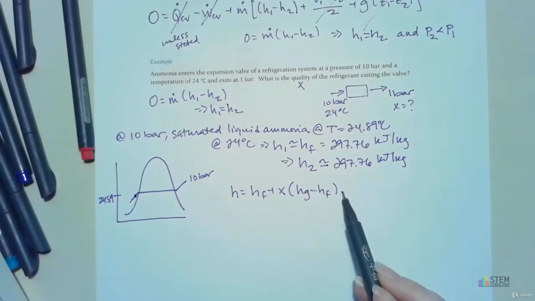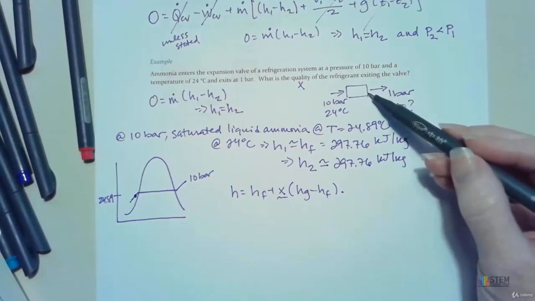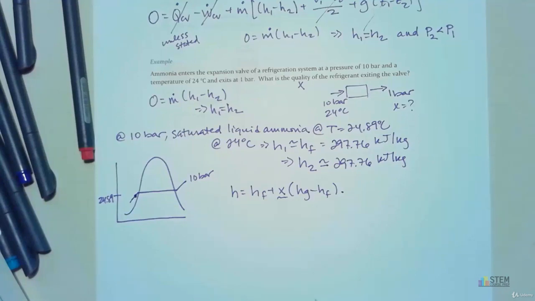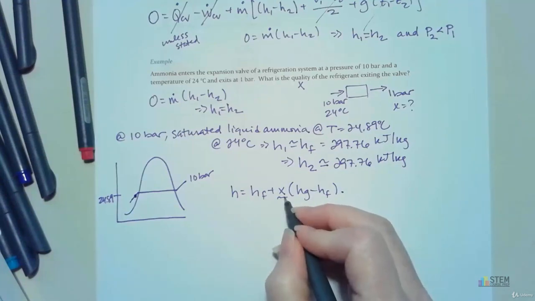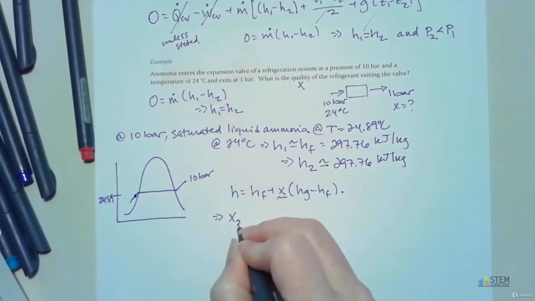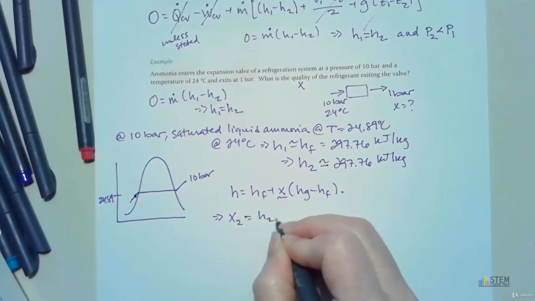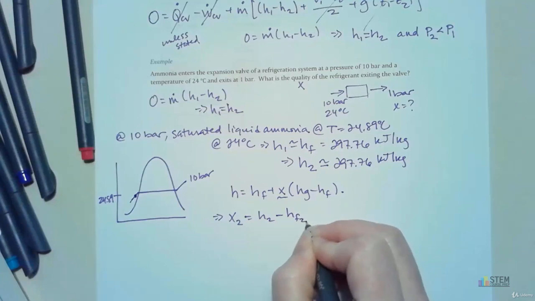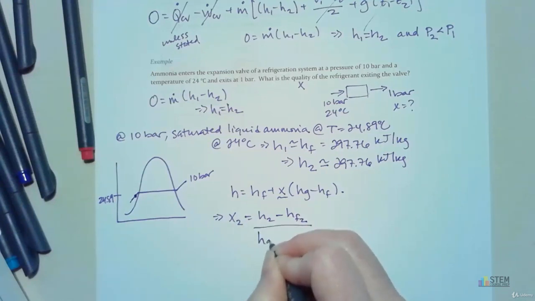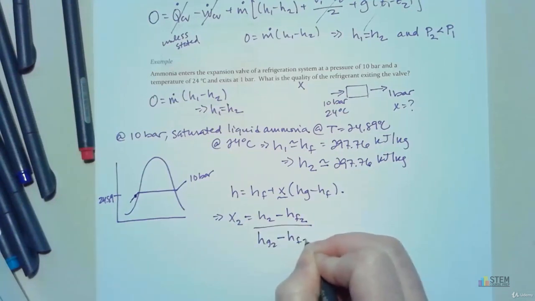This means we can use this equation to solve for quality. We're going to do that at the exit point, so we'll use a 2 subscript to represent the exit. If we solve this equation for x, we get x2 equals h2 minus hf2 divided by hg2 minus hf2.